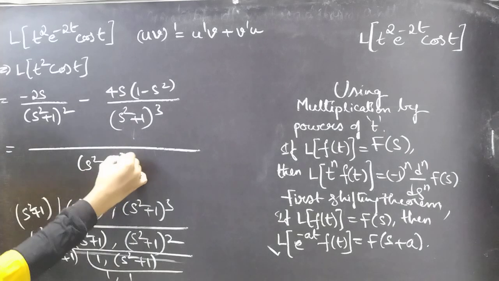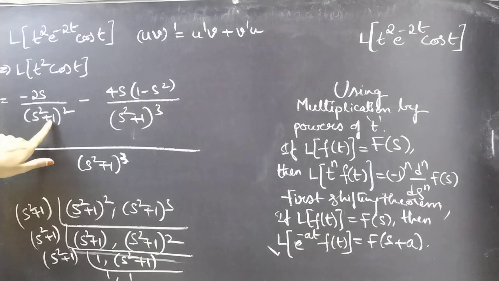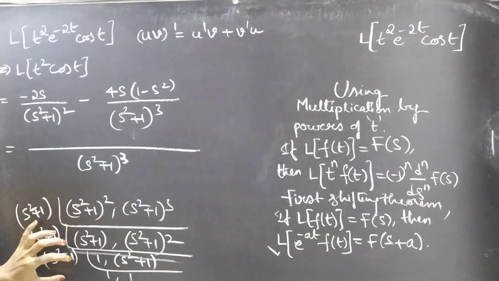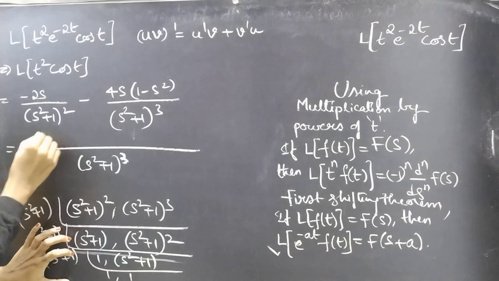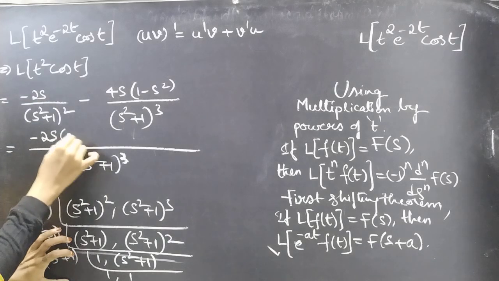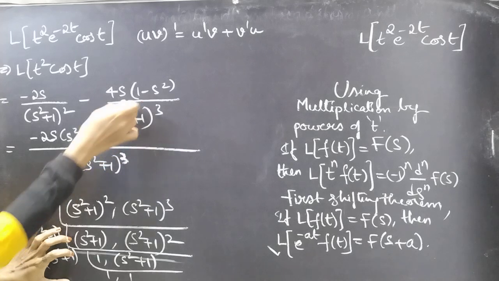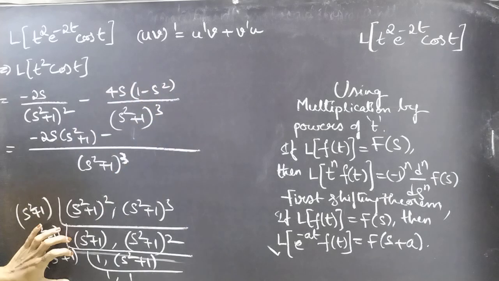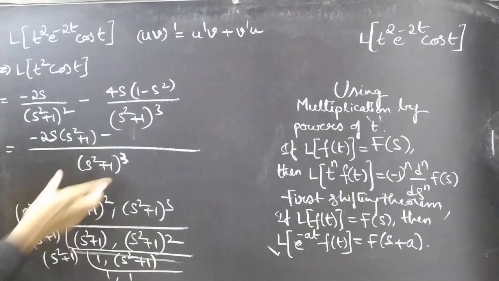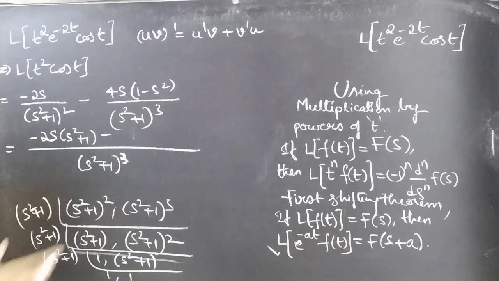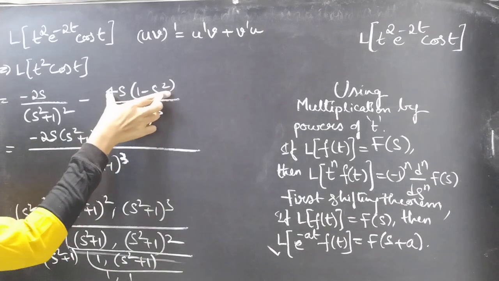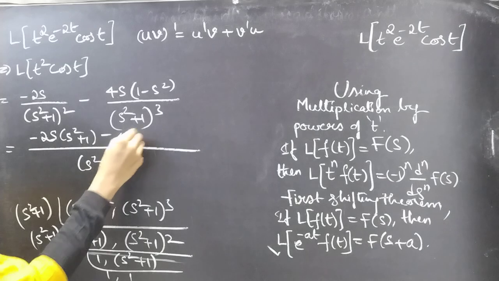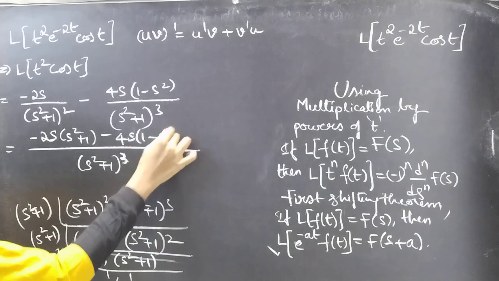In the denominator of the first term we have s square plus 1 whole square, so cancel s square plus 1 whole square and multiply s square plus 1 to the numerator, so you'll get 2s times s square plus 1. The denominator of the second term is s square plus 1 whole cube, just the denominator of this term, so we'll just write this numerator as it is without multiplying anything to it. Okay.